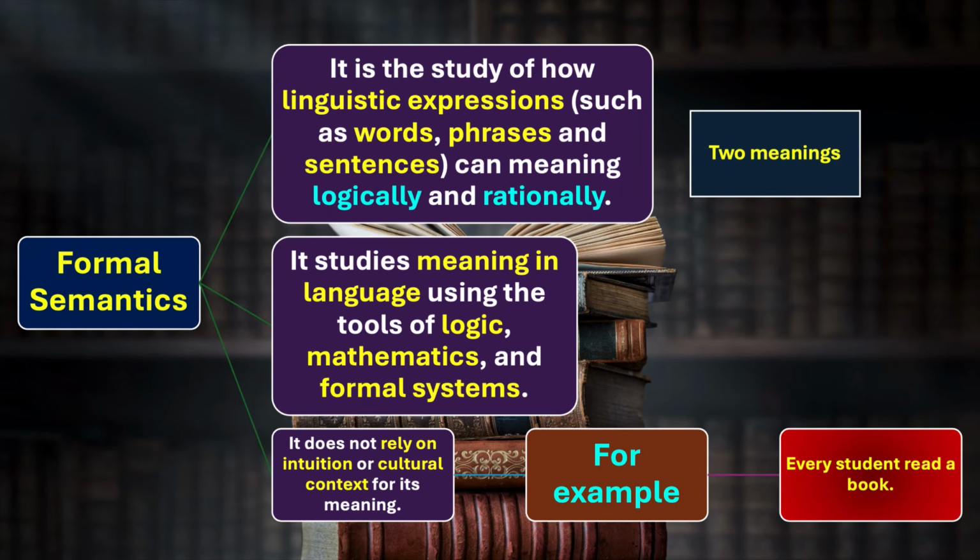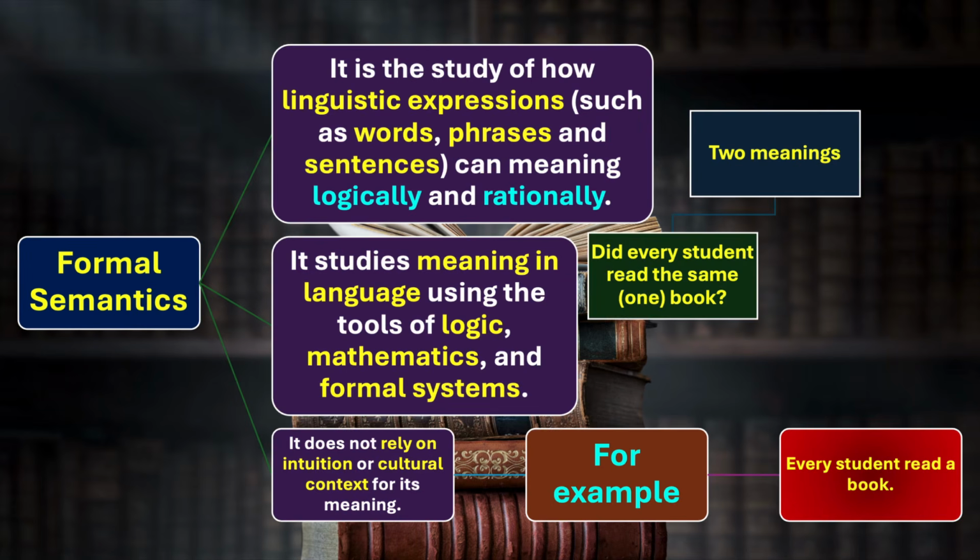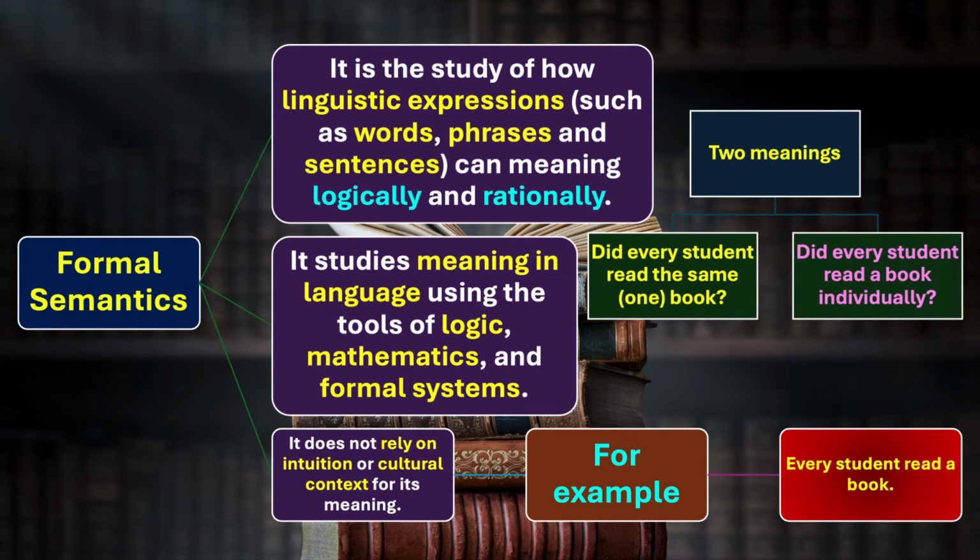The first type of meaning is: did every student read the same one book? Means the book is one and every student read the same book. Or does it mean every student read a book individually? Like every individual student has a book and everyone is reading or read.